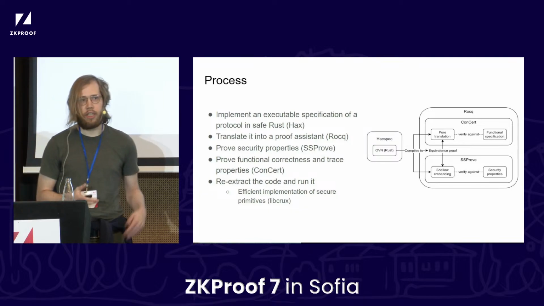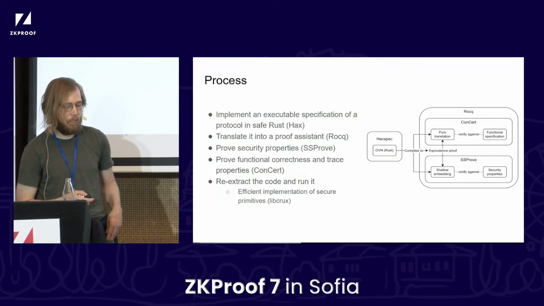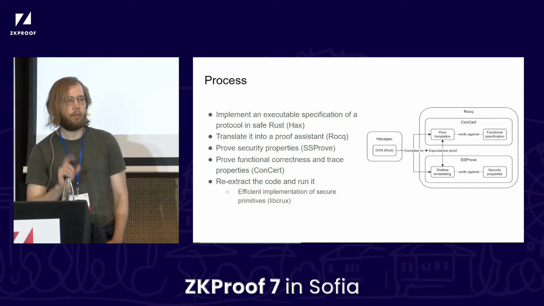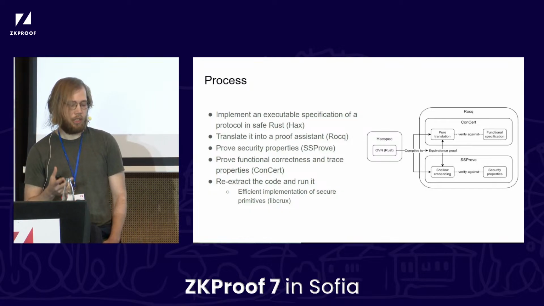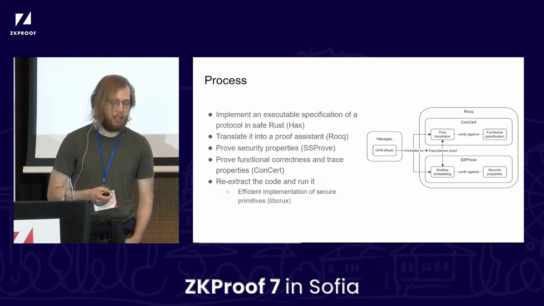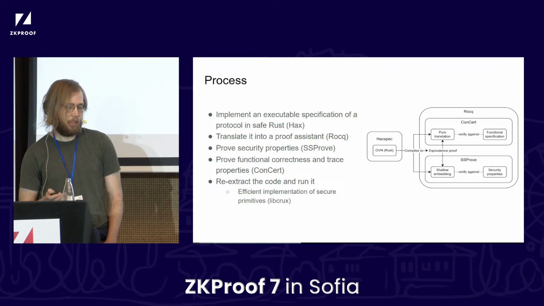And then finally, you can take all these proofs on the code, and you can re-extract the code. You can take some of the re-extracted code and replace some of the elements with more efficient implementations, where we have the libcrux library, which has secure, verified, fast implementations.